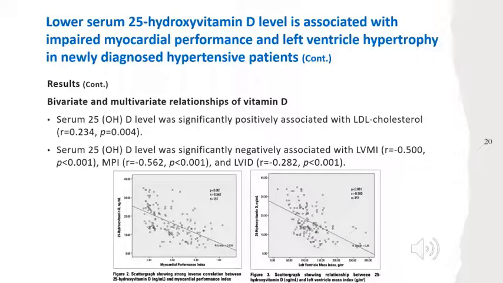The relationships between 25-hydroxy vitamin D with myocardial performance index and left ventricle mass index are shown in figures.